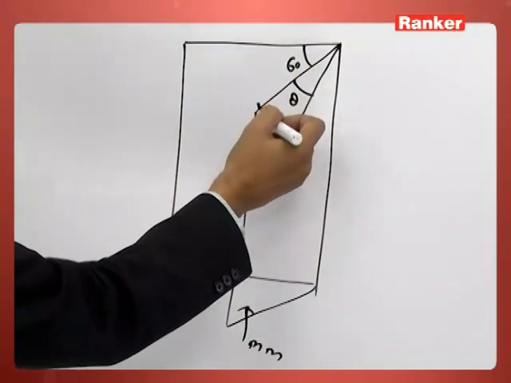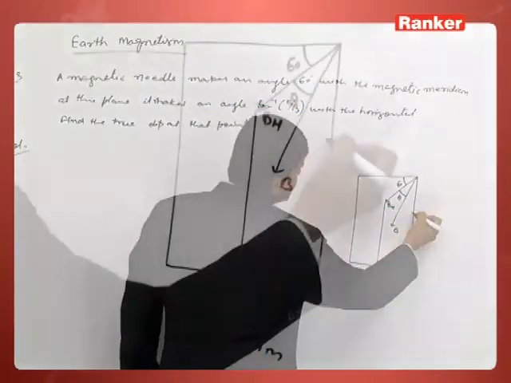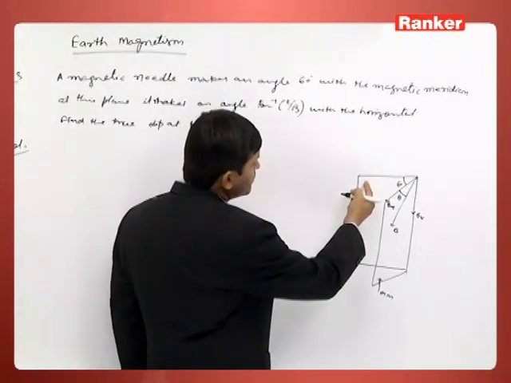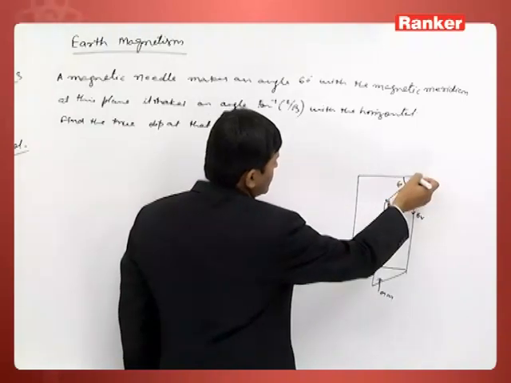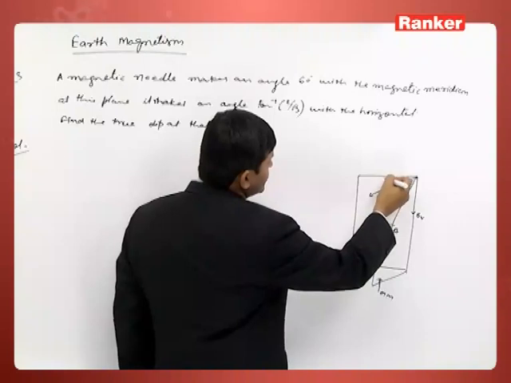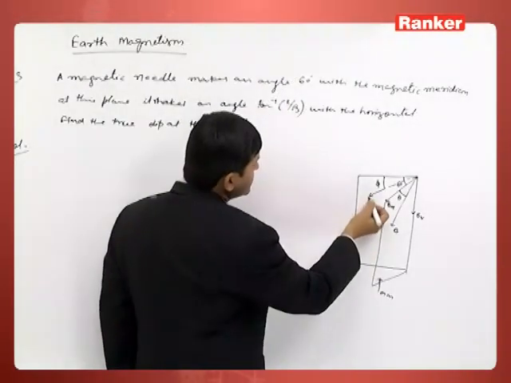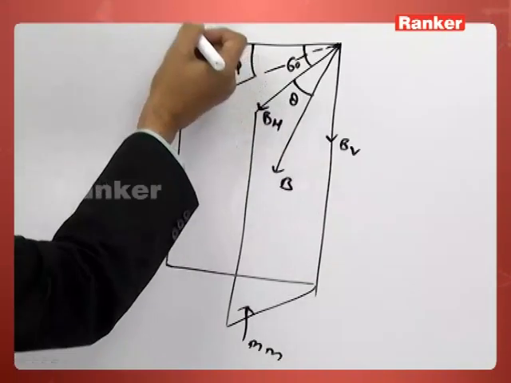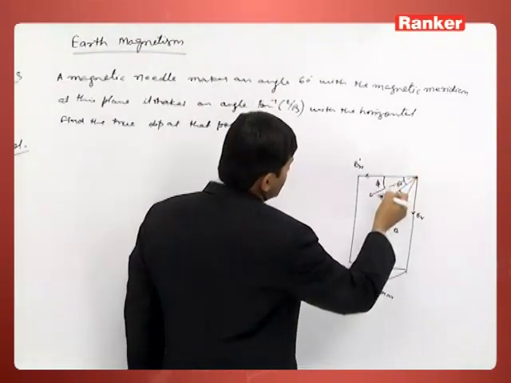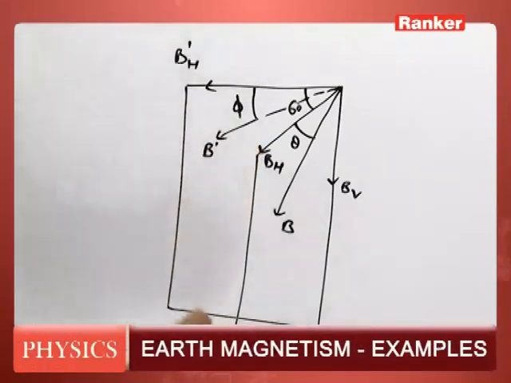So BH is the horizontal component of earth field. BV is the vertical component of earth field. But if I am looking here, the magnetic needle is in that direction. This makes an angle, let us say phi, in that plane. So this is BH dash, and here the magnetic field B is B dash.